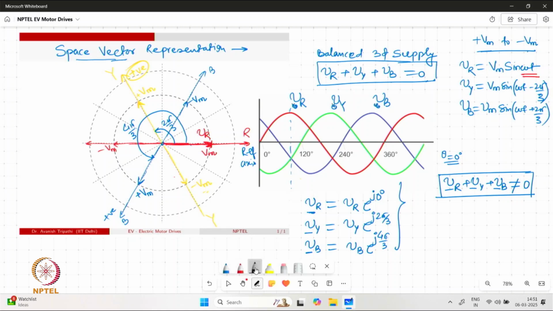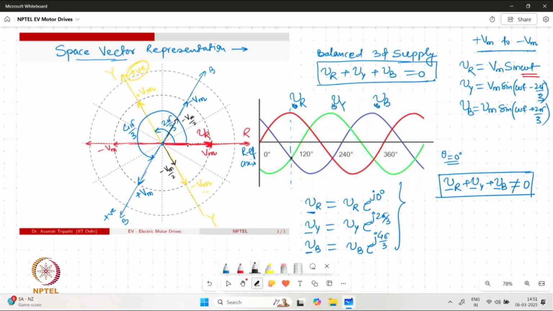However, the position of y and b is at minus Vm by 2. So y is along the negative side and having a magnitude of minus Vm by 2. B is also along the negative side having a magnitude of minus Vm by 2.